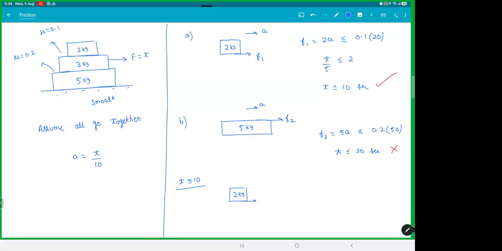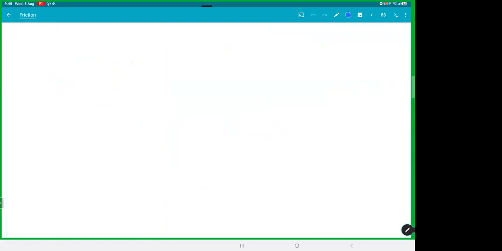For t greater than 10, this F1 becomes maximum, which is 2, and this acceleration becomes 2. So for t greater than 10, we'll again assume the 3 and 5 kgs are going together. So far everything is looking identical. This is F1 max, which is 2, and this guy is F equal to t.